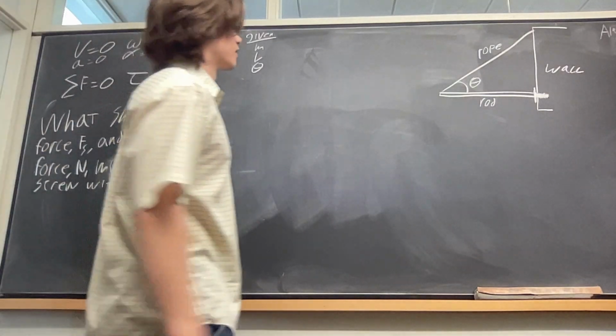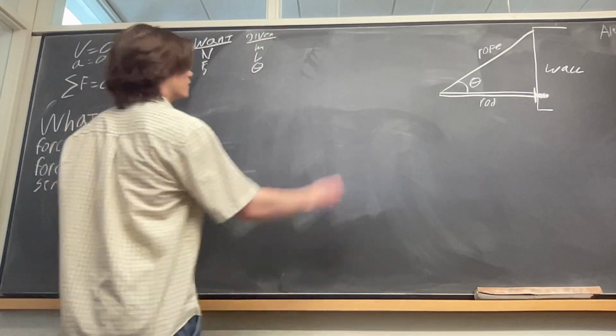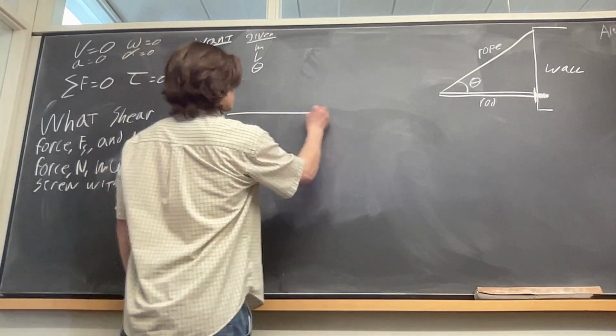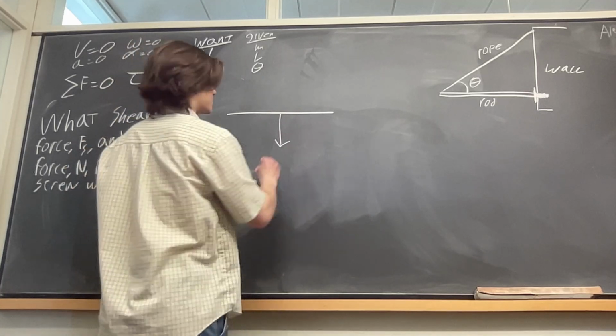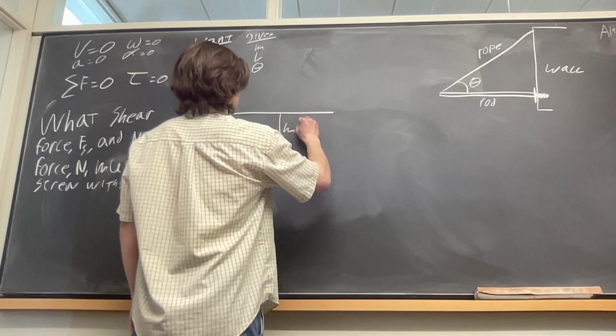So I'm just going to start by drawing a quick little force diagram of the rod. So that's our rod, and then it's being pulled down at its center of mass with force mg.